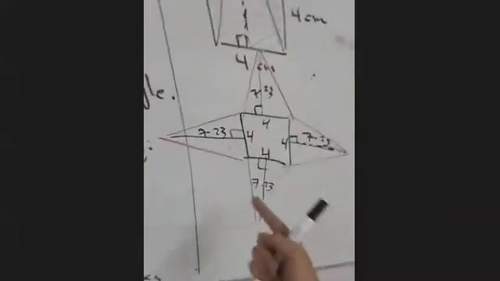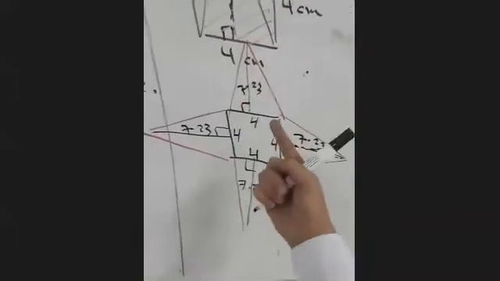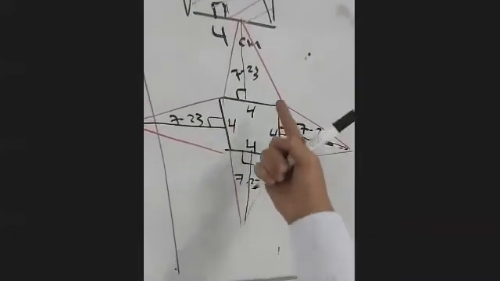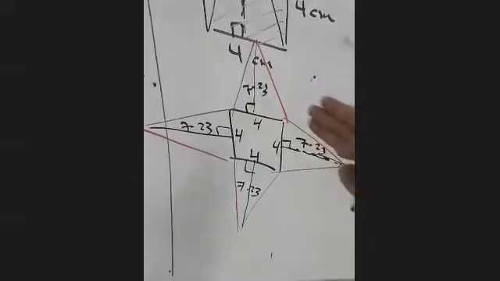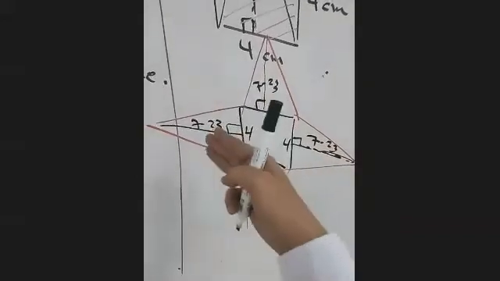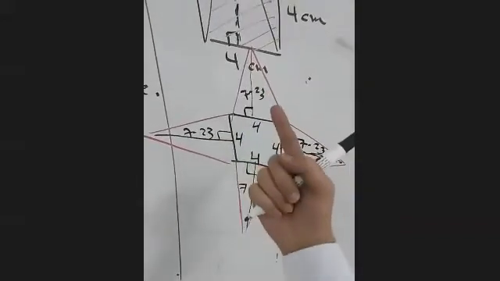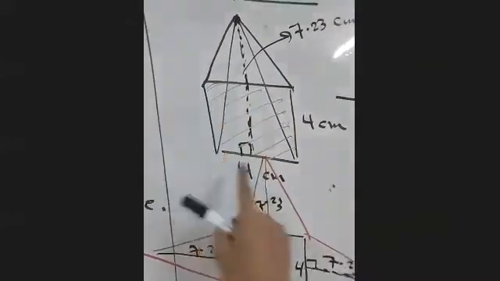Why one triangle? If you take a look at the net, all of them have the same base and the same height. So no need to find the area of this one, this one, this one, and this one, then add. No, one is enough, and multiply by 4. Got it? Yes. Now, what is the area of the square? Do you know?